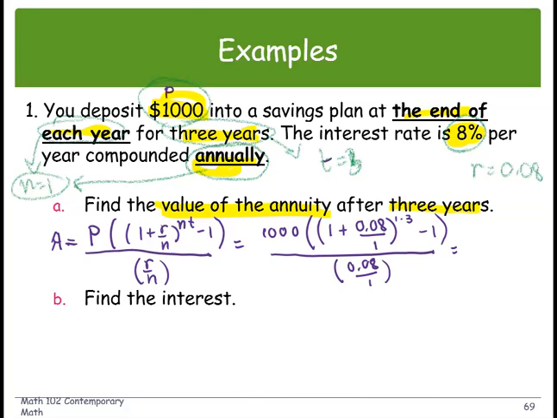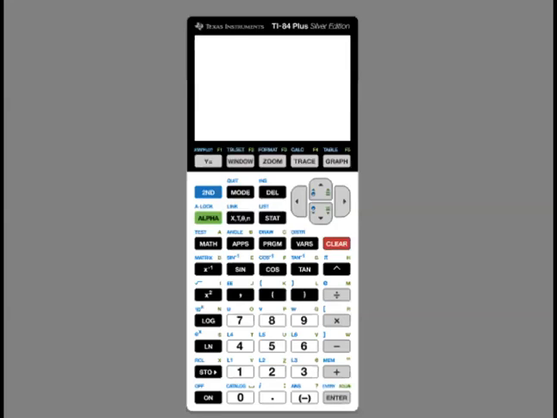So we're going to go to the graphing calculator and enter the values in there. Enter the P, which is 1,000. Multiply by, we open the two parentheses. The inner one for the quantity 1 plus the R, which is 0.08 divided by 1.